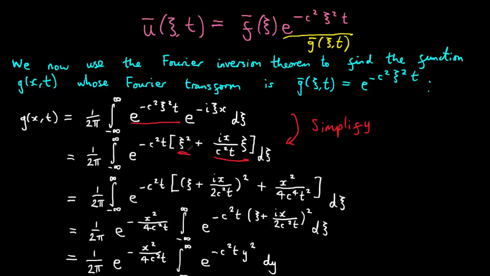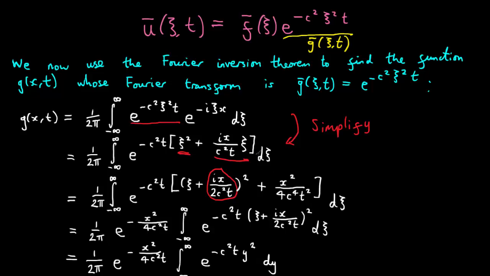So these two terms result, but then we'll have a third term which will be this fraction here squared. And this fraction here squared would be i squared, which is minus 1, times x squared over the bottom squared. So we'd have minus x squared over 4 c to the 4 t squared.